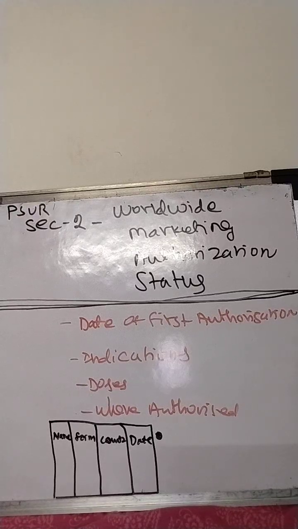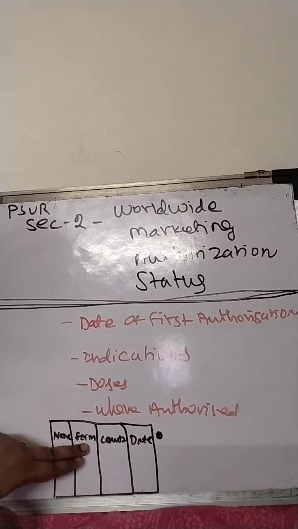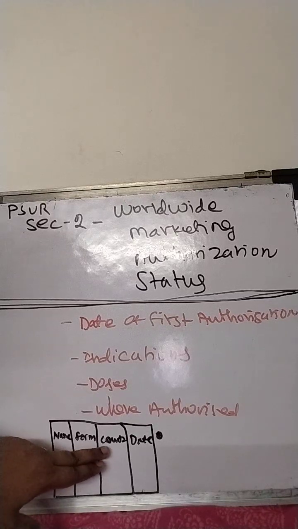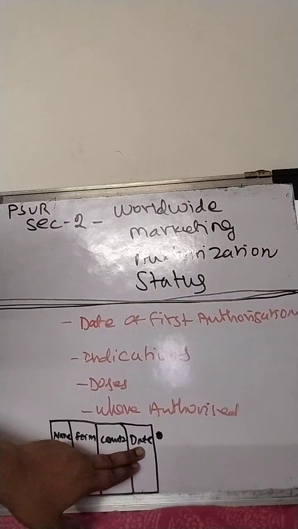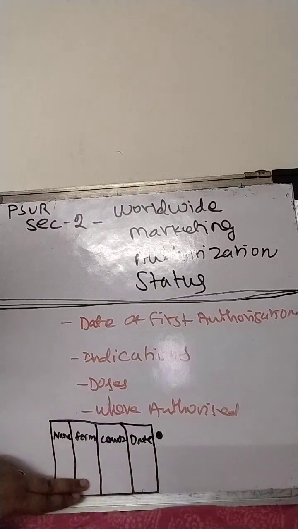Some companies will create a table in this particular section itself: the generic name, the active ingredient name, the form, the dose, the country, and the date they got an authorization or approval. They would be giving this row by row.